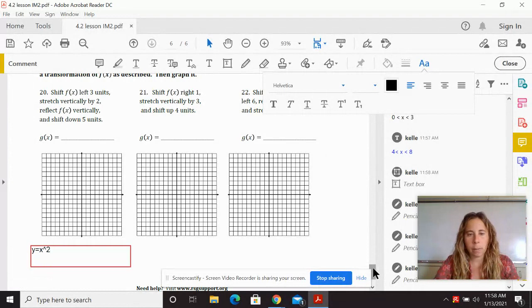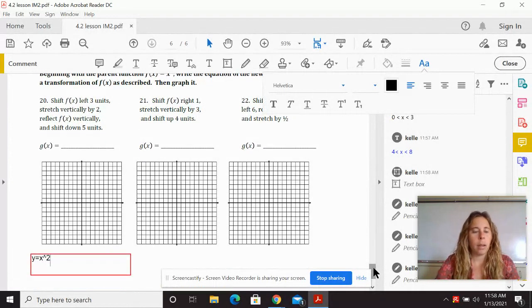They use f of x. So what are we doing here? So we shift it left 3, stretch vertically 2, reflect, and shift down 5 units. All right, that's a whole lot of things.